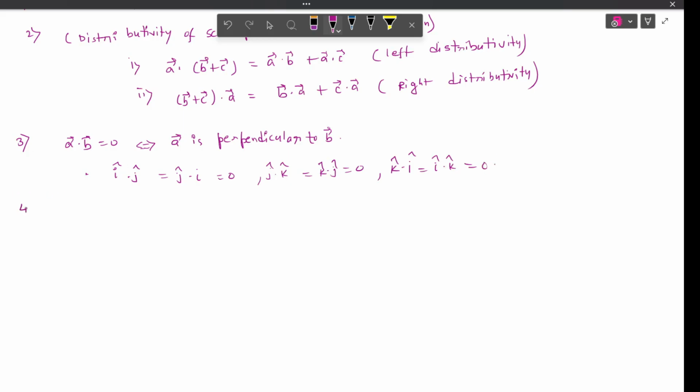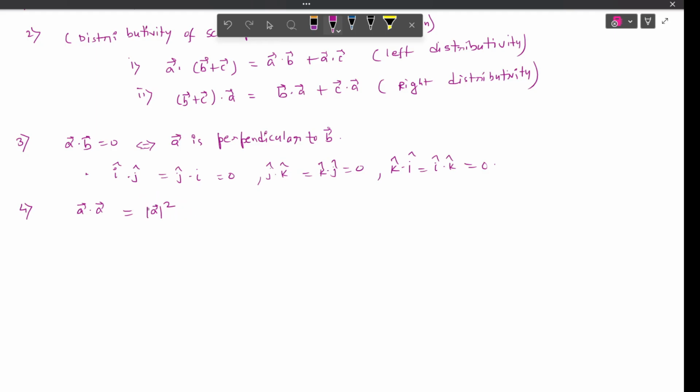Now property number 4: if A is any vector, then A dot A is similar to the dot product mod A mod B, so mod A into mod A, that is A square, and these are similar vectors, that means the angle is 0, and cos 0 is 1. So we can write A dot A as mod of A vector square. Okay.